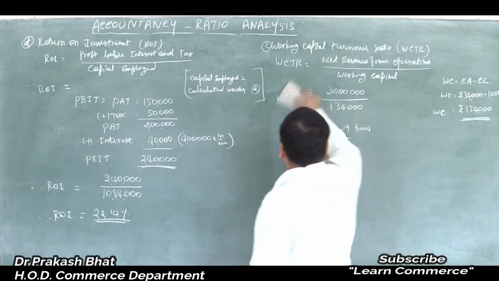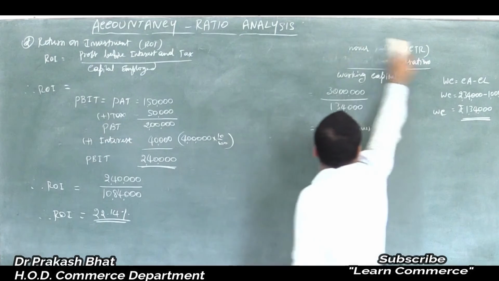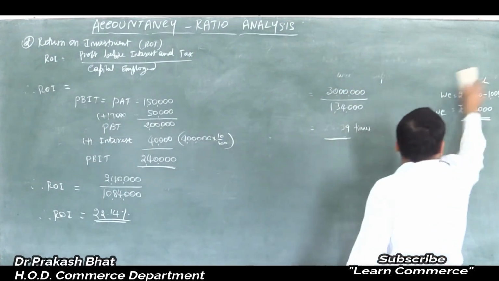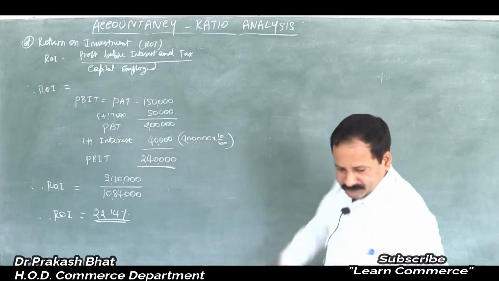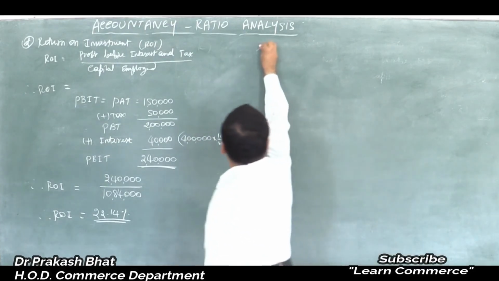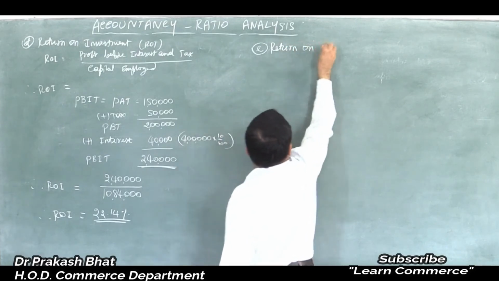Now moving on to the fifth one, that is return on shareholders funds. Very simple it is. Point E, return on shareholders funds.